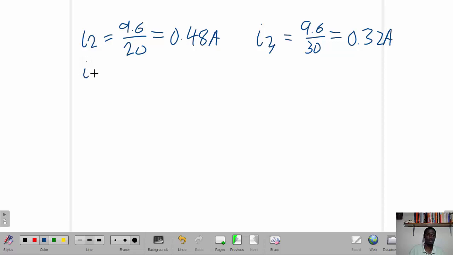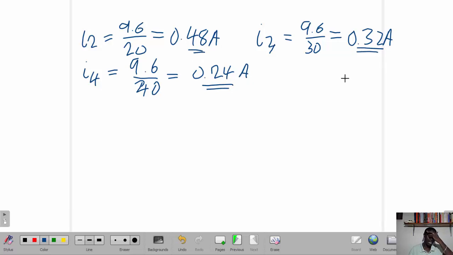Again, the current through resistor 4 is going to be 9.6 volts over 40, and that gives us 0.24 amps.